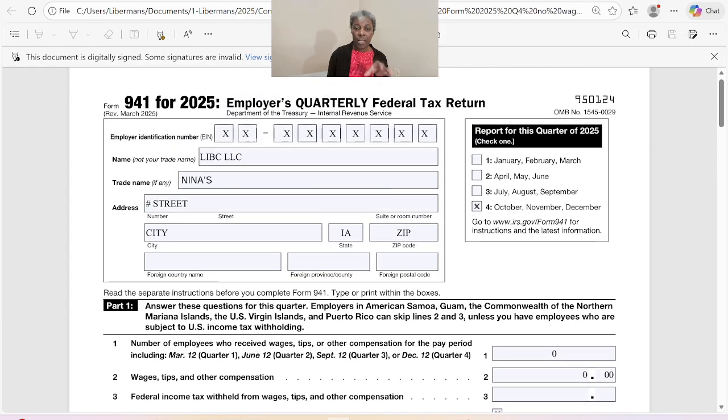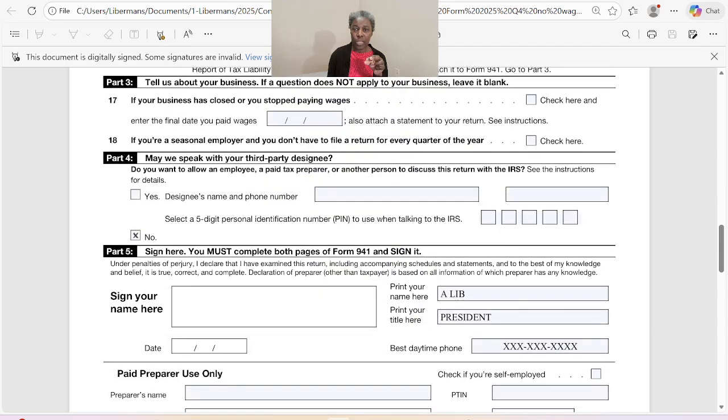But each time you are filing this return, you check the quarter you are filing for, even if you are checking this box. If you think you qualify to be called a seasonal employer, you might want to read the instruction on that as well before you check that box. Otherwise, you just leave it blank, even if you are filing a $0 tax return.